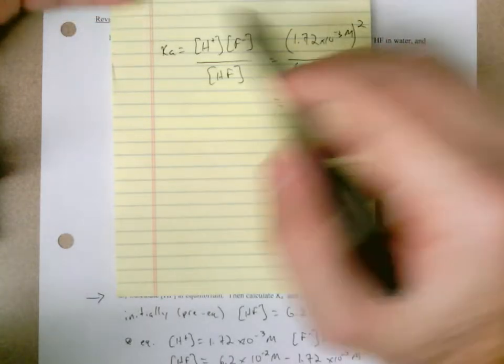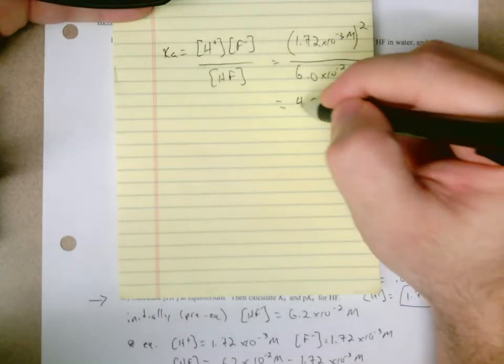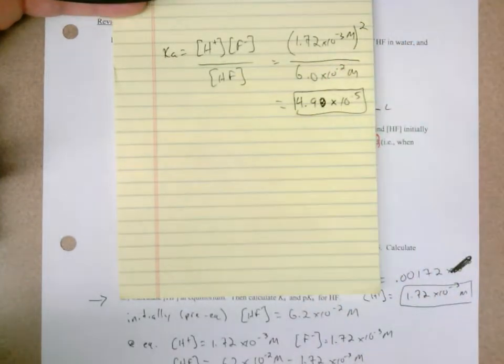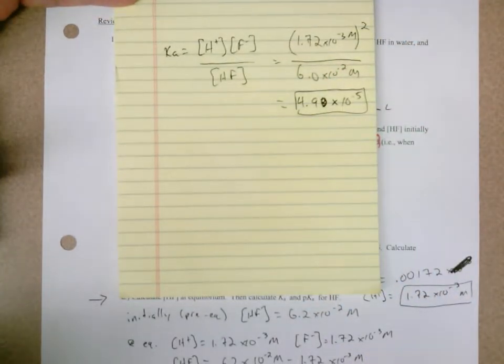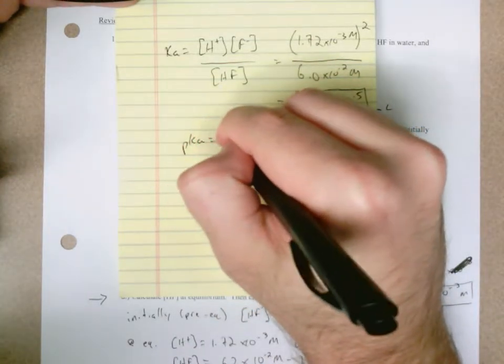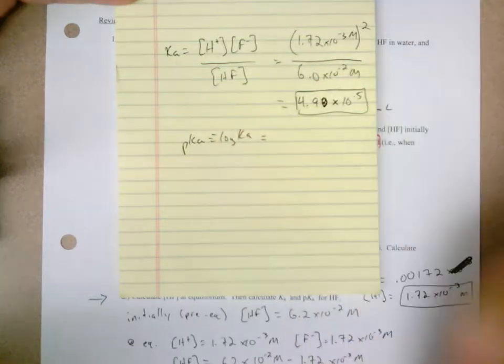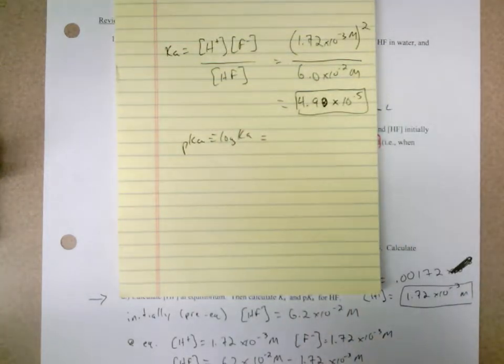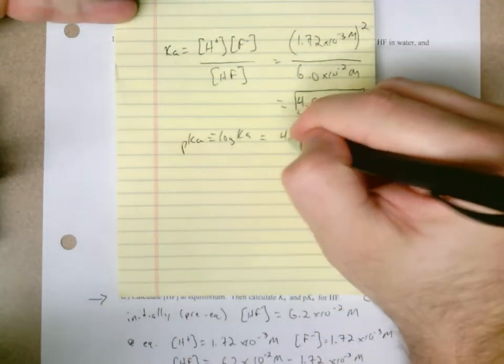Now, this is not the actual Ka for HF at 25 degrees Celsius, but I didn't tell you what the temperature was, so this is our Ka for whatever temperature this problem actually was. Okay, there's our Ka. Then pKa is just the negative log of Ka. So negative log of that answer is 4.3.